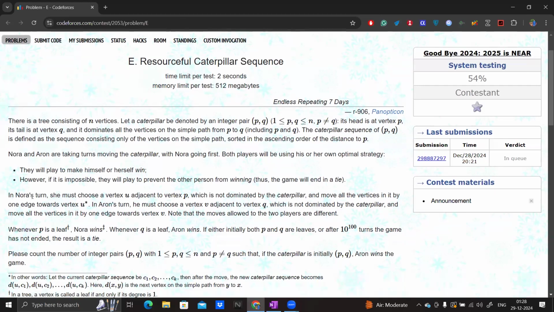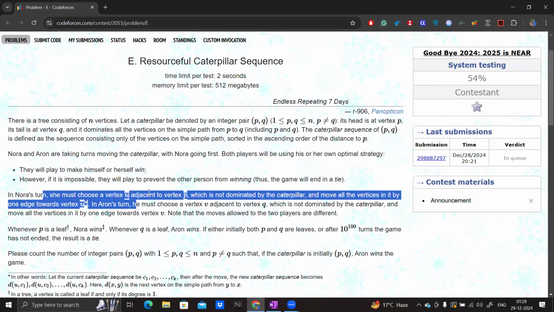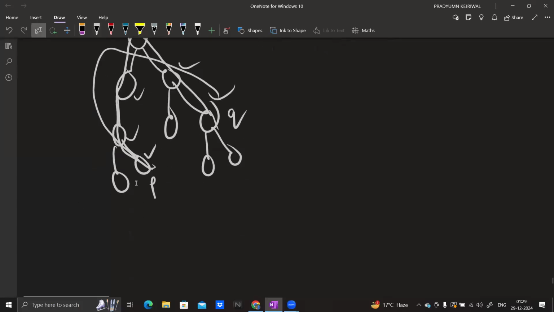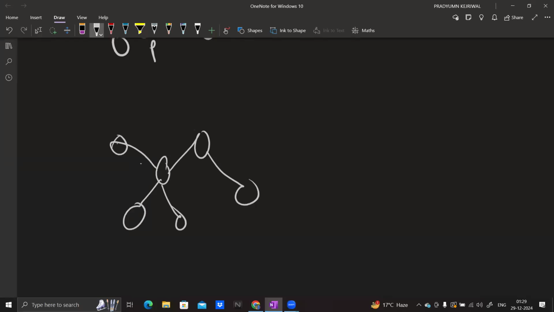Okay. In Nora's turn, she must choose a vertex u adjacent to p, which is not dominated by the caterpillar, and move all the vertices in it by one edge towards the vertex u. Basically, she will just pick one edge. Let's say you have a tree like this, and the caterpillar is lying somewhere around here.